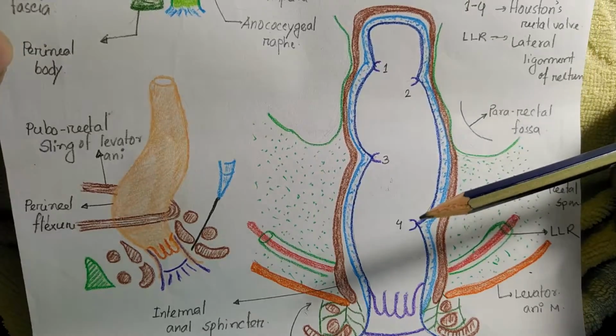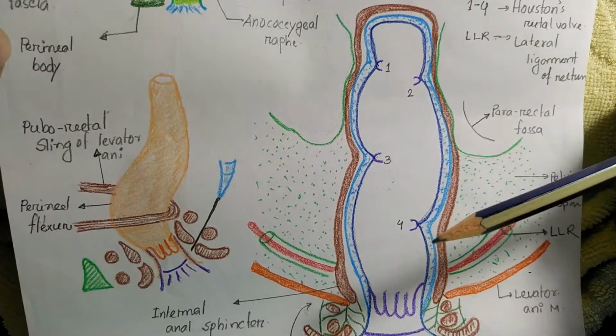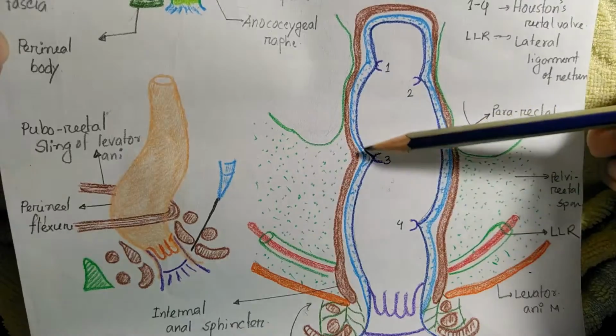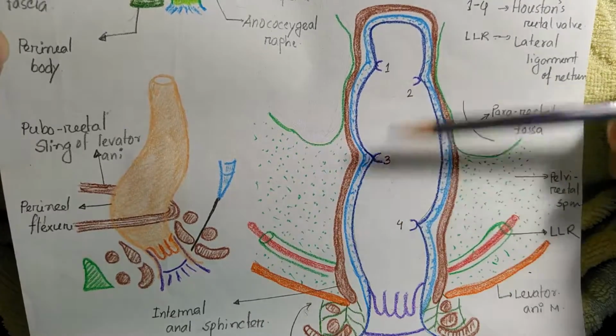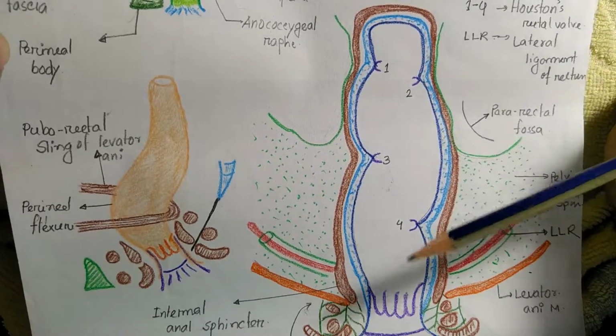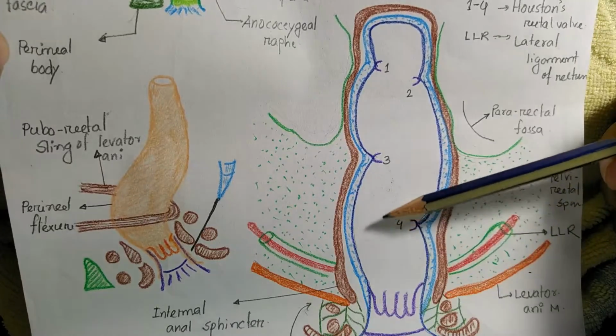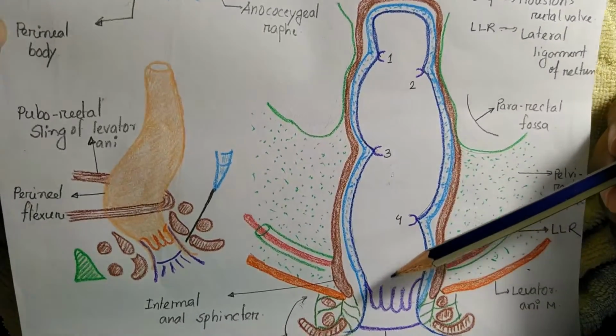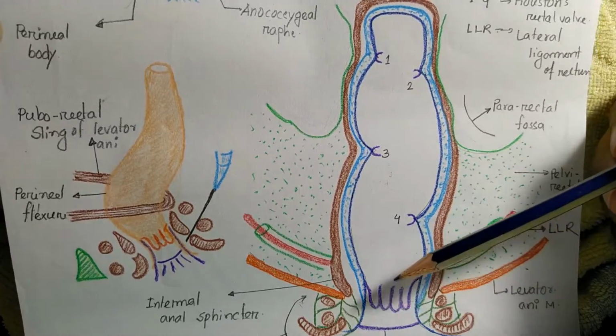In the left lateral position, the third valve becomes horizontal, so that any instrumentation, proctoscope or camera may not destroy the third valve.